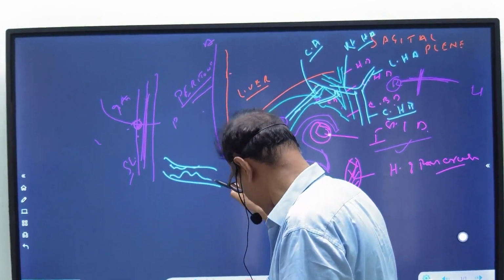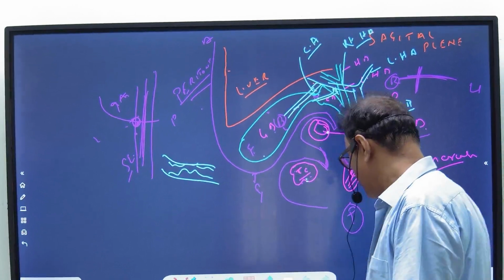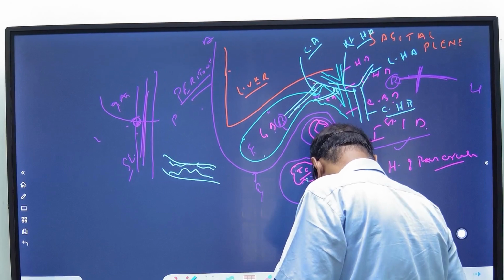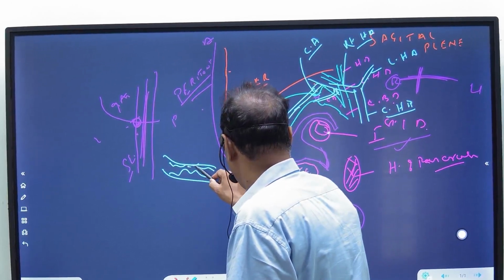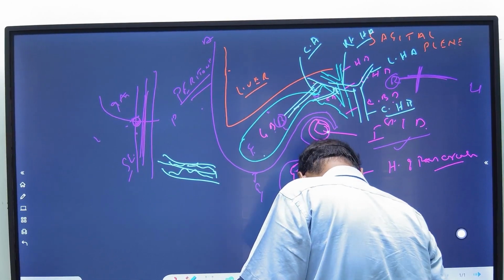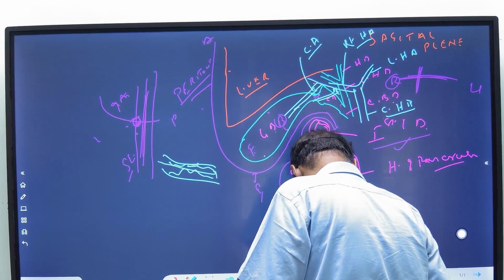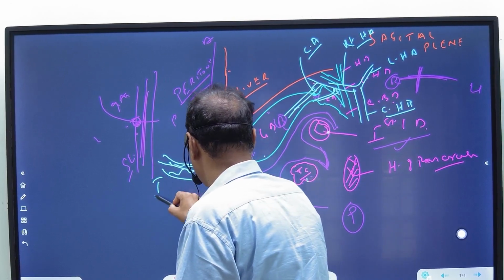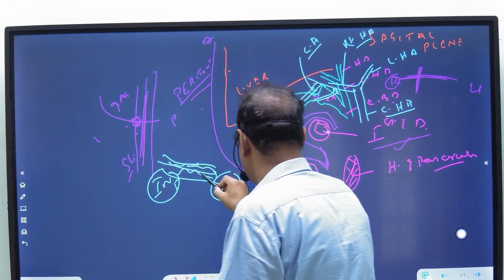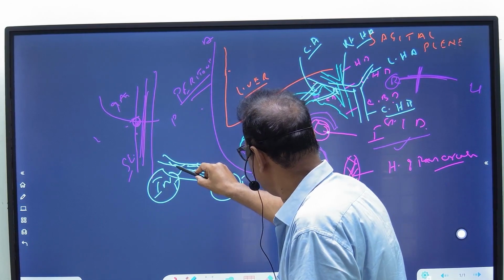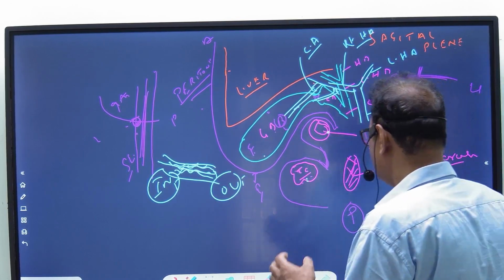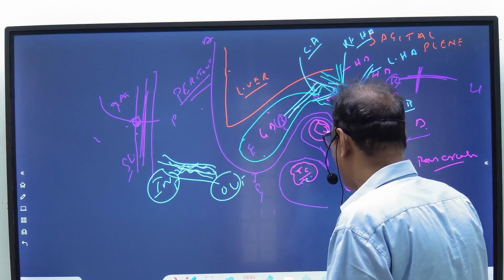This will prevent the inflow or outflow of the bile. Since the mucous membrane becomes spiral, this will prevent the inflow and the outflow of the bile.